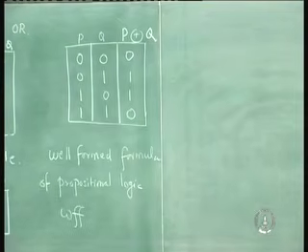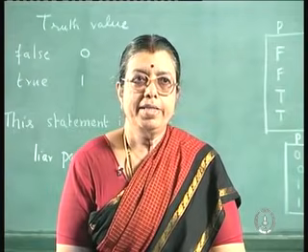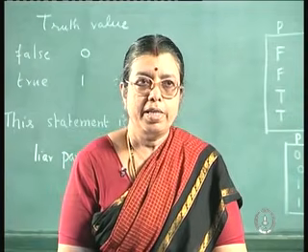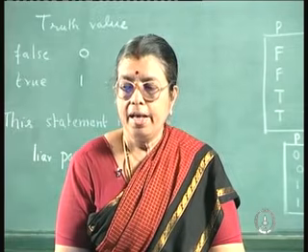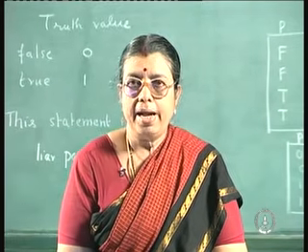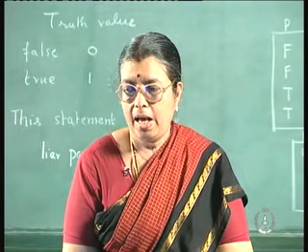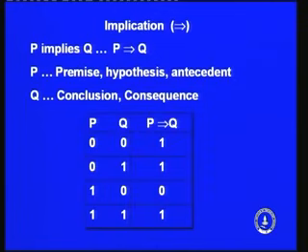Apart from these operators, there are two more operators which are used in logic. One is called the implication and another is called the equivalence. What is implication? Let us look at this. P implies Q is denoted like this.